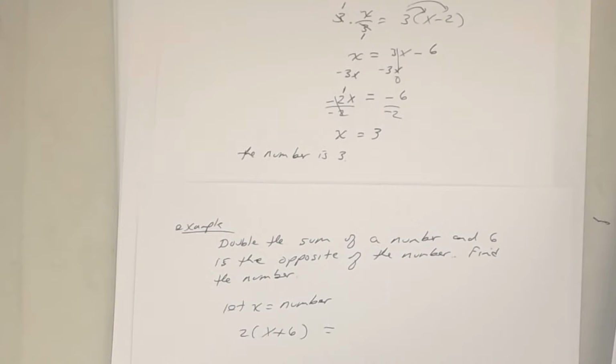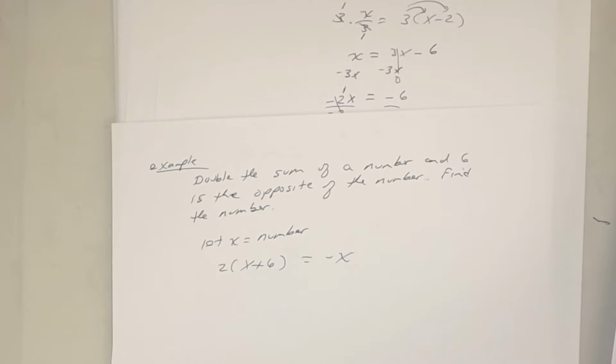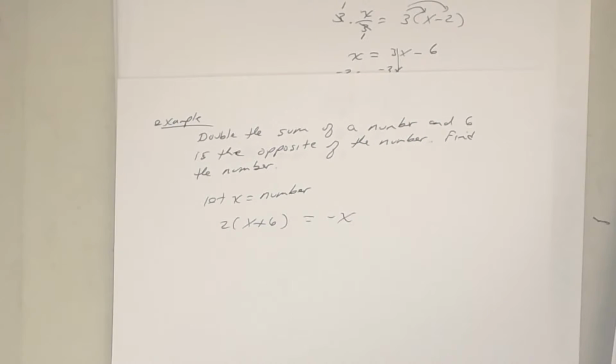So how do you represent the opposite of x? Negative x. So there's your equation. It didn't say is the number, it said is the opposite of the number. If it said is the number, that would be x. But the opposite of the number means negative x.